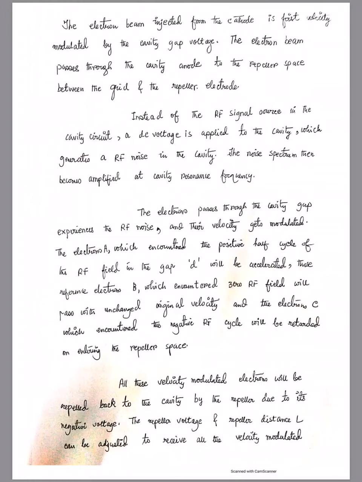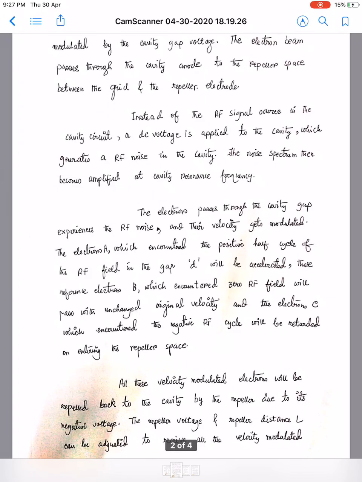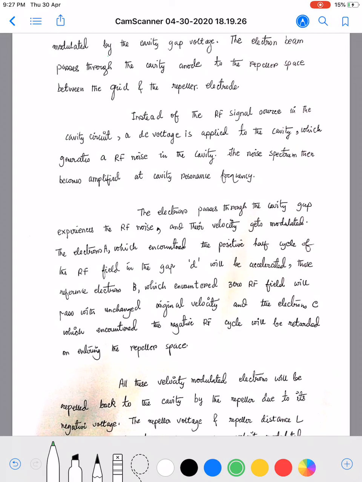So see, the electron beam injected from the cathode will be modulated by the cavity gap voltage. This modulation voltage comes from the RF noise from the DC voltage that we have applied to the resonant cavity. The electron passes through the cavity gap, experiences the RF noise, and its velocity gets modulated.